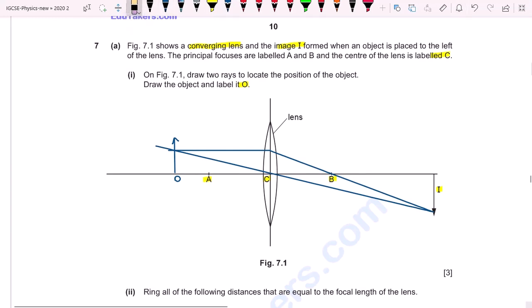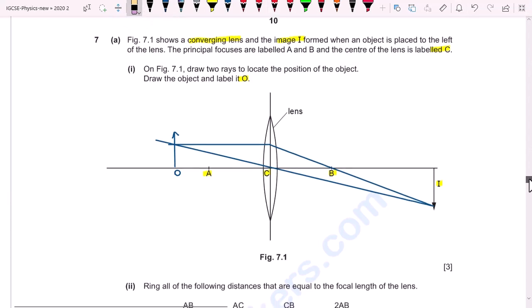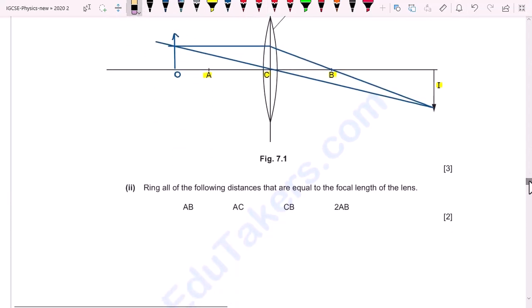Second part: identify the following distances that are equal to the focal length of the lens. First of all, we have to know what the focal length is. Focal length is the distance between the center of the lens and the focal point.